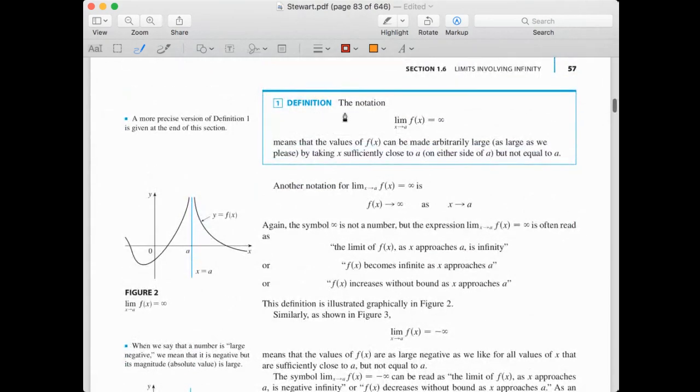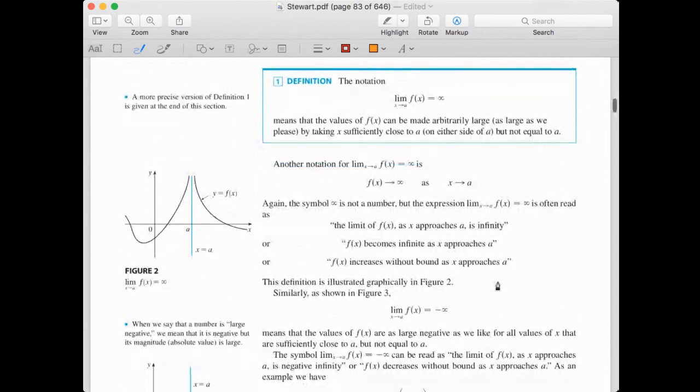So let's see this definition. The notation limit as x approaches a of f(x) equals infinity means that the value of f(x) can be made arbitrarily large by taking x sufficiently close to a. Just like this picture shows, the left limit goes to infinity, the right limit goes to infinity. So we're saying the limit as x approaches this value is infinity.